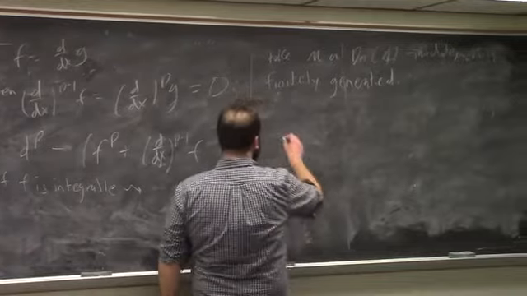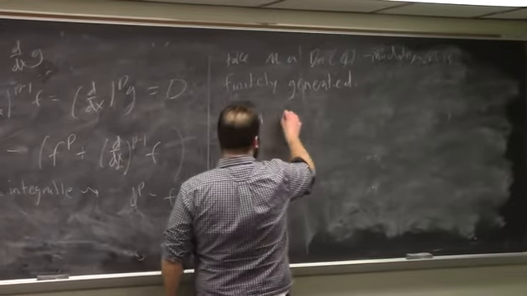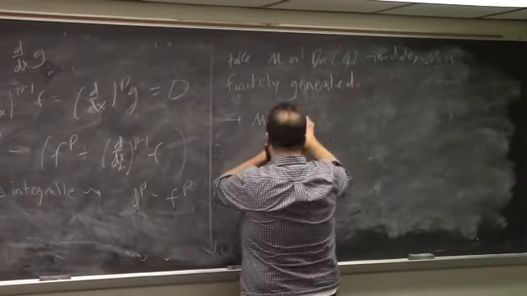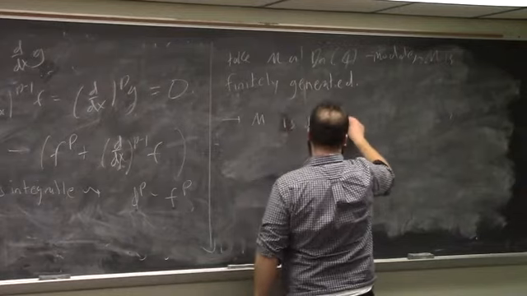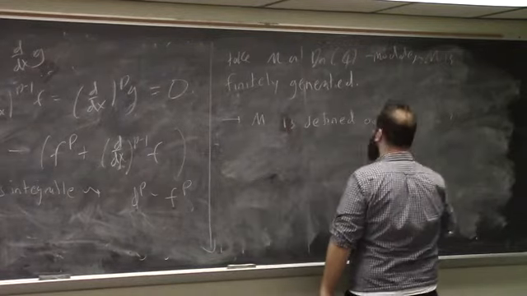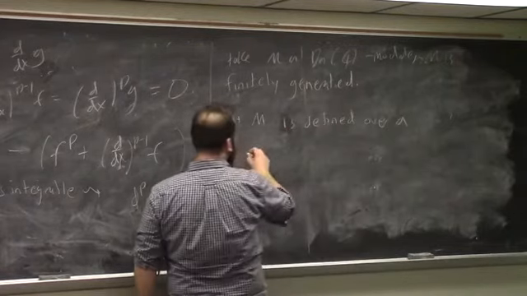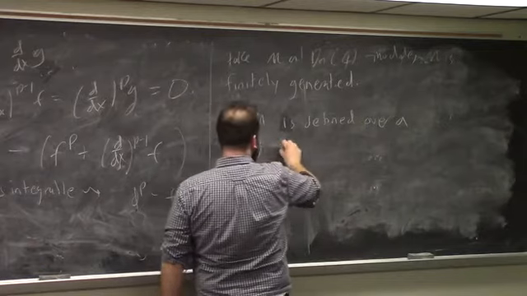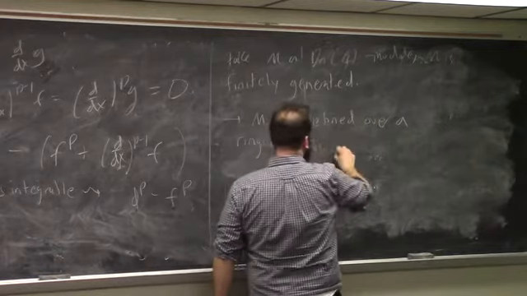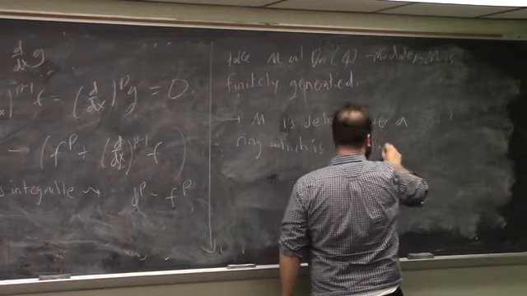And so this means that this M is defined, it makes sense over a ring which is finitely generated over the integers.